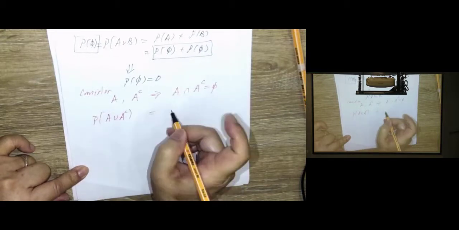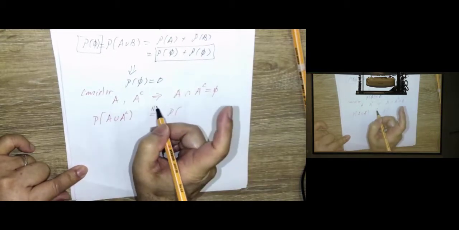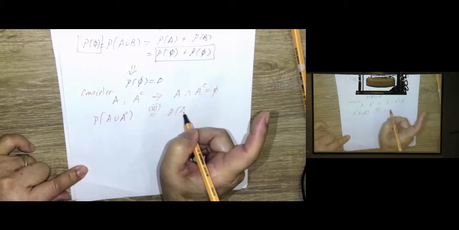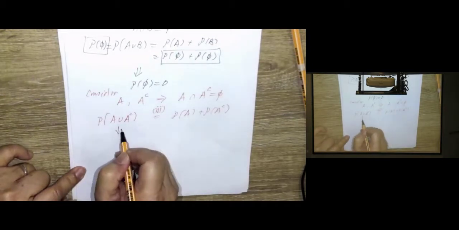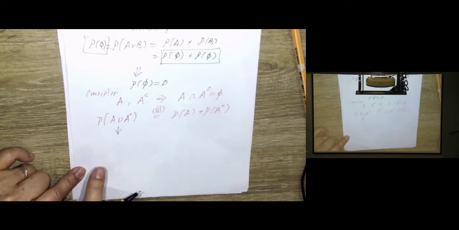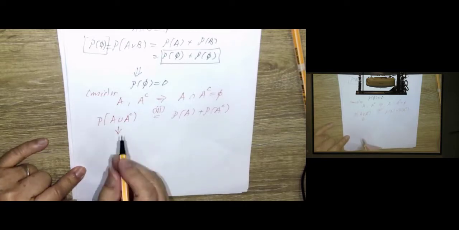So as a result, if you are looking at A union the opposite, by rule number 3, it will be equal to the sum of the probabilities of their respective parts. And here I wanted to simplify this a little bit more. A or A opposite means everything, right?